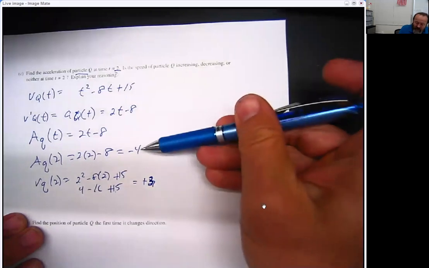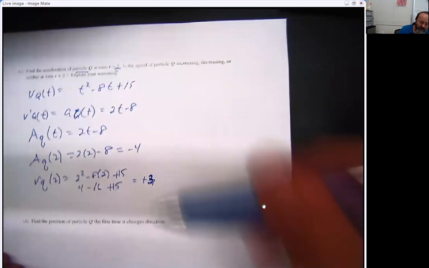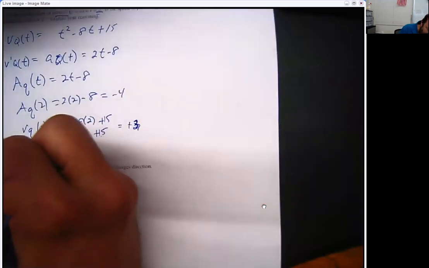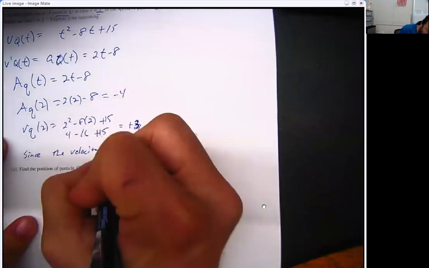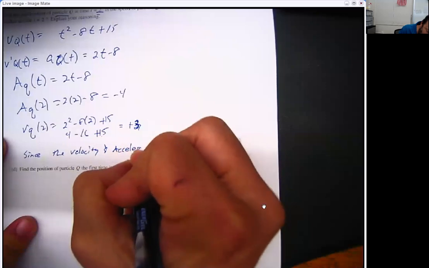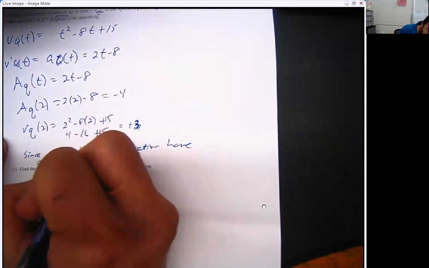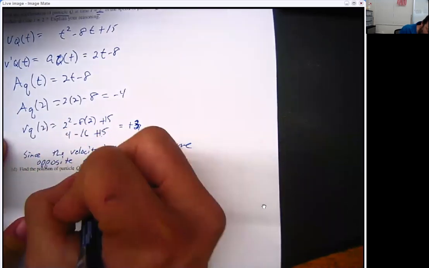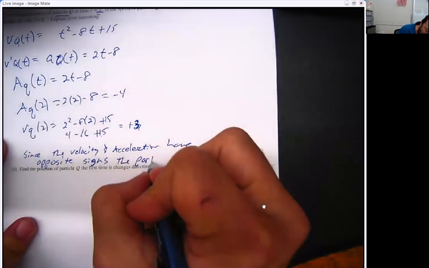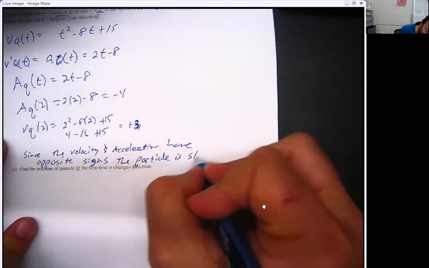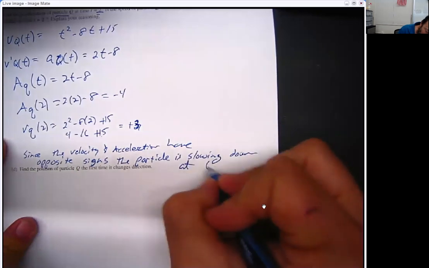So it appears to me that it has a positive velocity and a negative acceleration. And so I'm simply going to say, since the velocity and acceleration have opposite signs, the particle is slowing down at t equals 2.